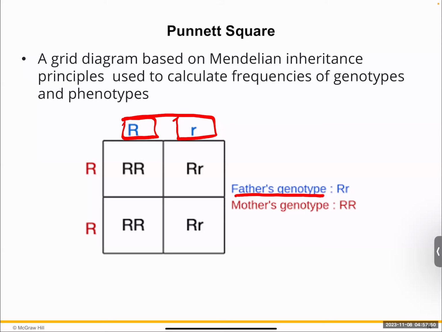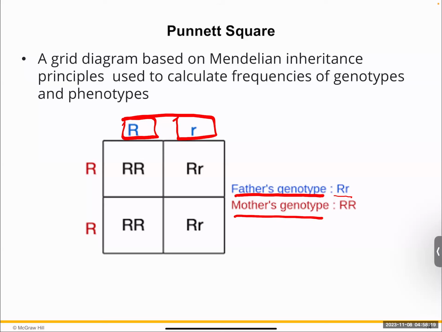In this case, to reiterate some of the vocabulary, the father is a heterozygous dominant. So hetero, as in 2 versions of the gene, and then the mother is a homozygous dominant. And all you need to do at this point to complete your Punnett square is multiply these specific alleles from the paternal with the maternal.